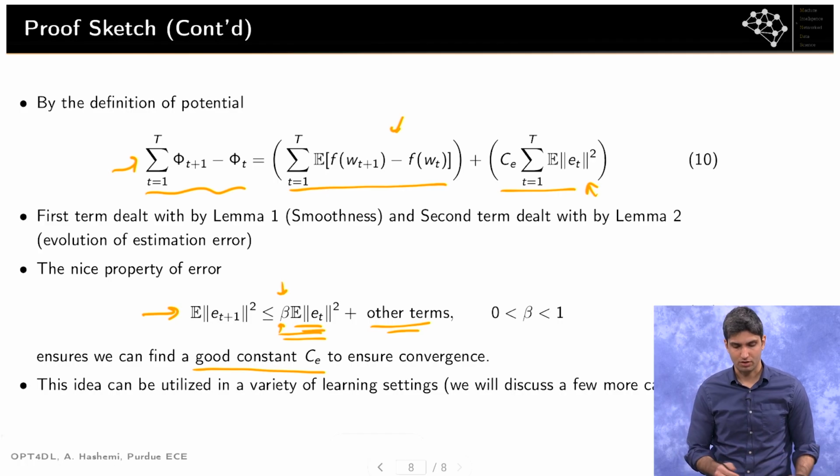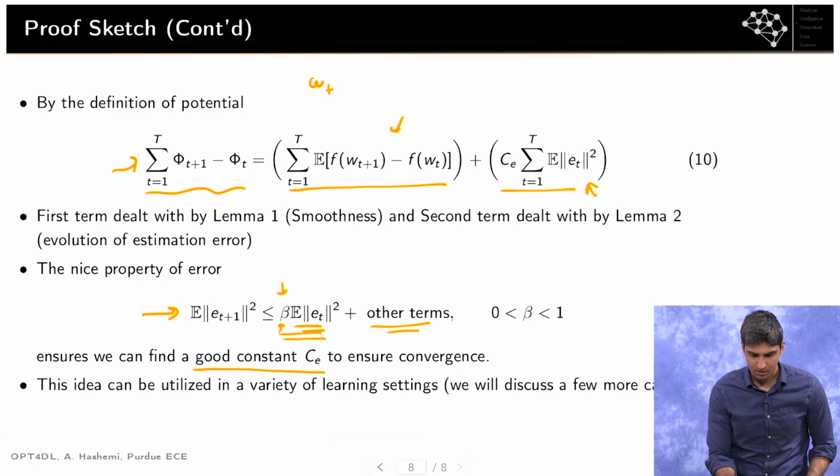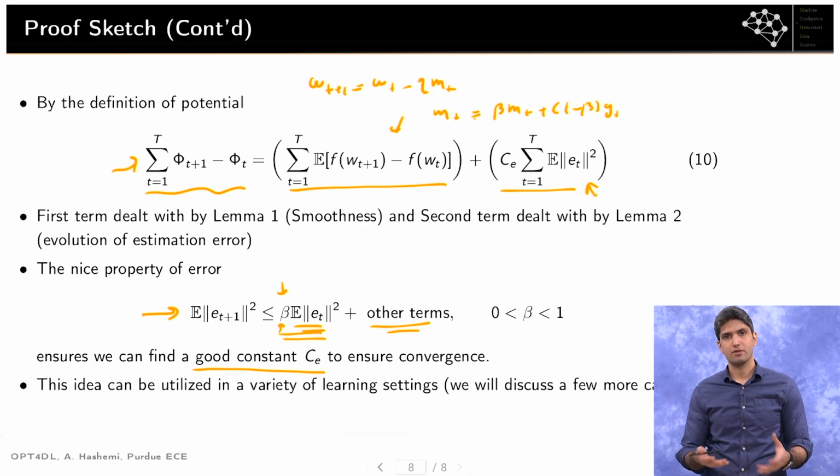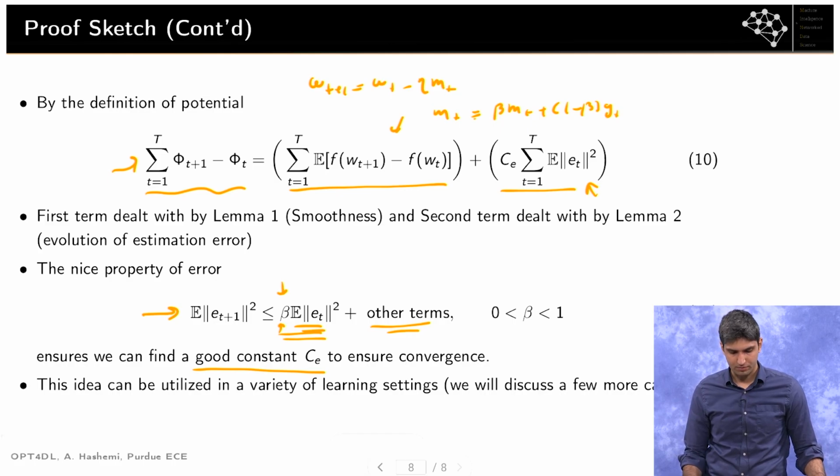For instance, the fact that we are updating our parameter using this first order update, as well as our update for momentum, which was beta m_t plus (1 minus beta) g_t. Okay. So using these properties, we'll be able to carry on with this proof.